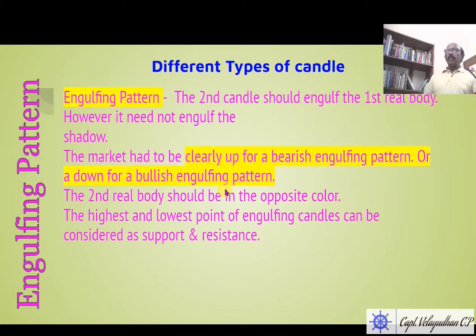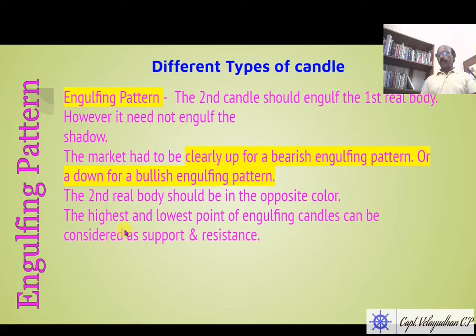Then only does this candle qualify as an engulfing pattern. The second real body should be of the opposite color. Suppose in an uptrend, the first candle will be white, blue or green and the second will be red. In a downtrend, the first candle will be red or black and the second candle, which is engulfing, will be blue, white or green.